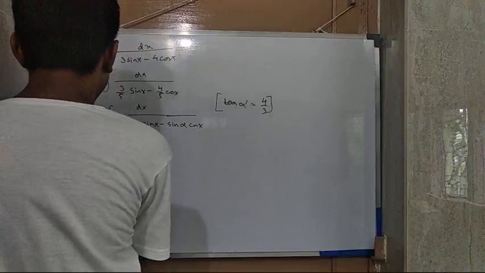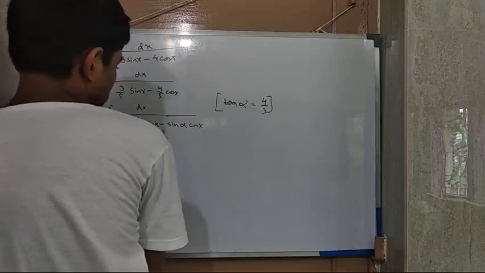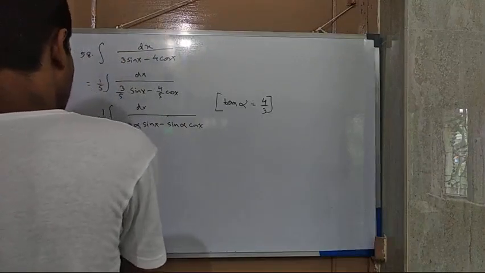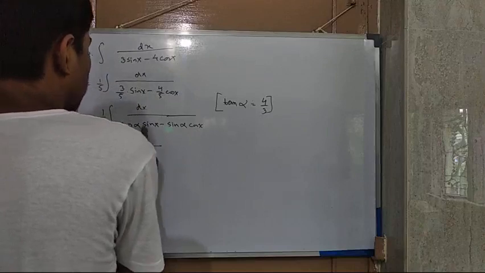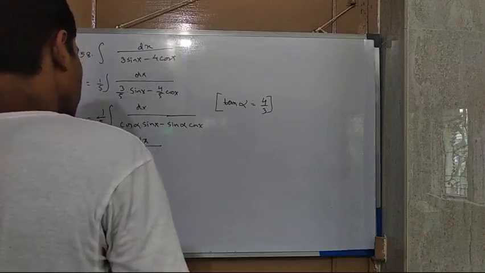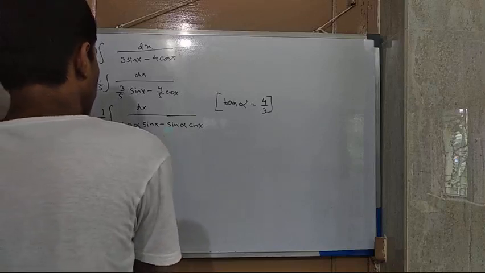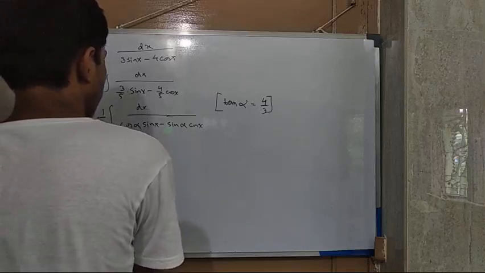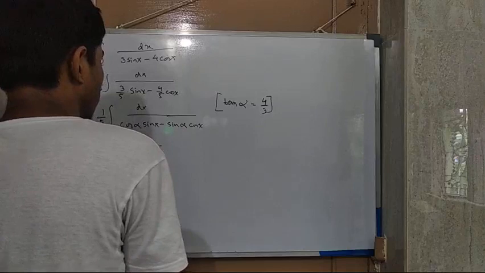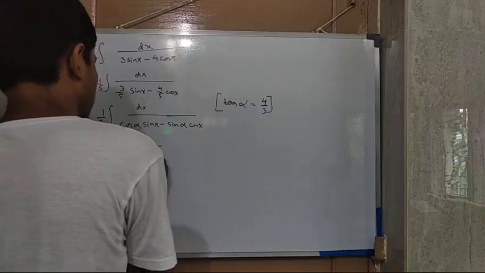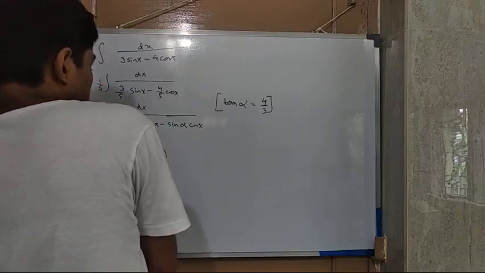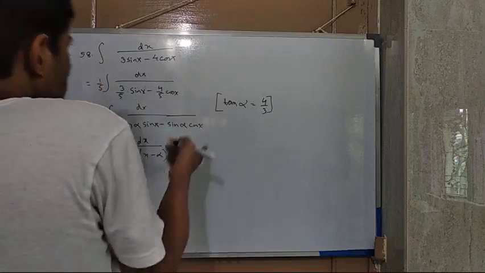So this is actually 1/5 integral of dx divided by sin x cos alpha minus cos x sin alpha. So this is actually sine of x minus alpha, using sin a cos b minus cos a sin b.